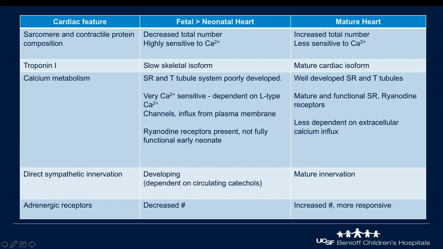In addition, the sarcoplasmic reticulum is much less well developed in terms of its ability to store calcium, so the fetal and neonatal myocardium are much more dependent on extracellular calcium sources and influx of calcium from the cell membrane. In addition, direct sympathetic innervation to the neonatal myocardium is still developing, and so neonates and fetuses are much more dependent on the presence of circulating catecholamines.